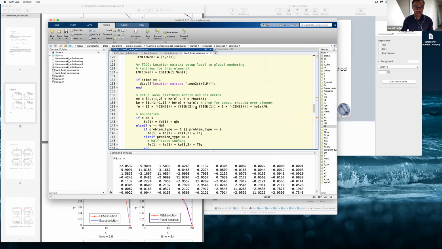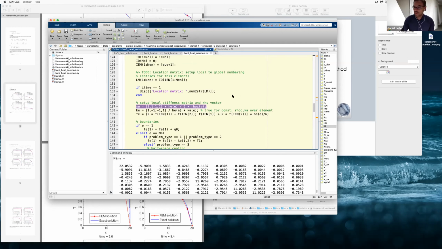Look at, for example, the mass matrix here. The local contribution depends on the element size and on the density times C, the capacity or specific heat.